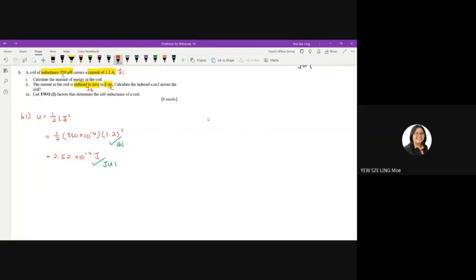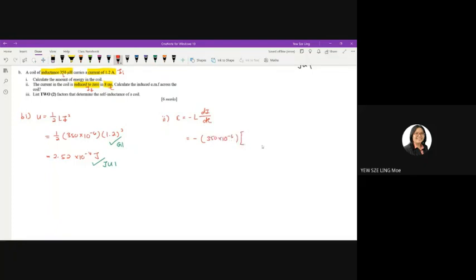be used to solve this question. Because there is a change in current. You got initial and final current. So the equation that can be used is EMF equals negative L di over dt. So it is then equals negative, now 350 times 10 to the power of negative 6 again.